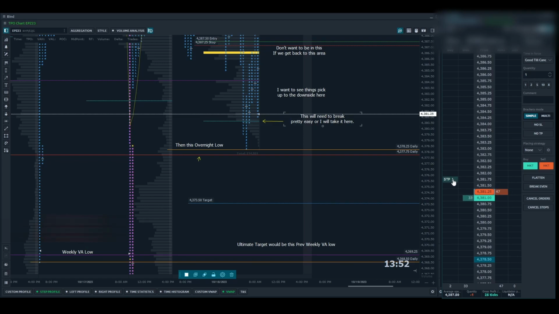I really thought I would at least get down to that 77.75, but you can see how things just change as I go. There we're to the value area low.